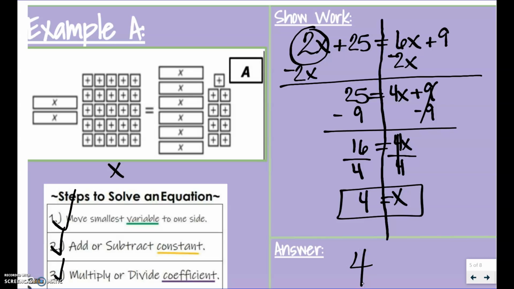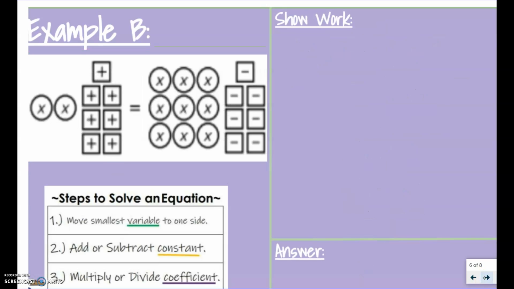Okay, remember it's the same steps. Last but not least, I'm going to do one more example. So once again, x is my variable. Okay, I have two x's on the left plus 7 is equal to 9x minus 7.